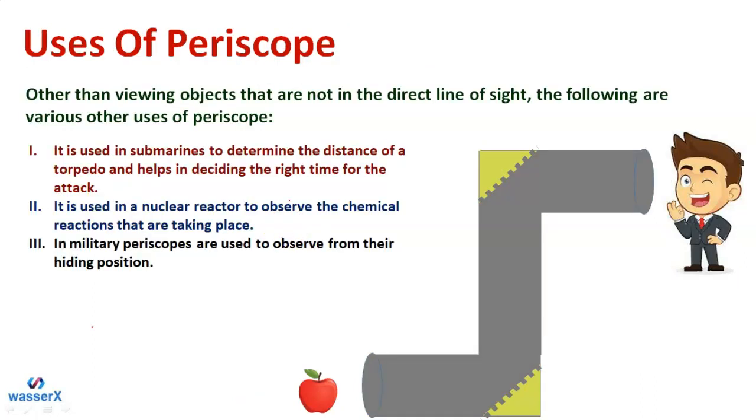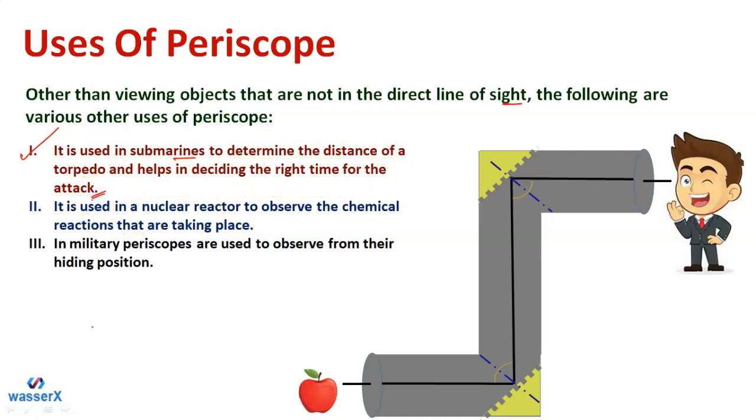Now students, we have the uses of the periscope, as you can see here. It has various uses. Other than viewing objects that are not in the direct line of sight, the following are various other uses. First, it is used in submarines to determine the distance of the torpedo, which helps in deciding the right time for the attack.